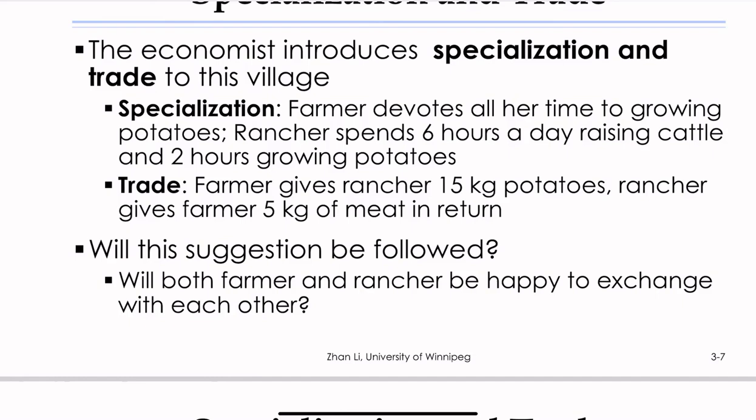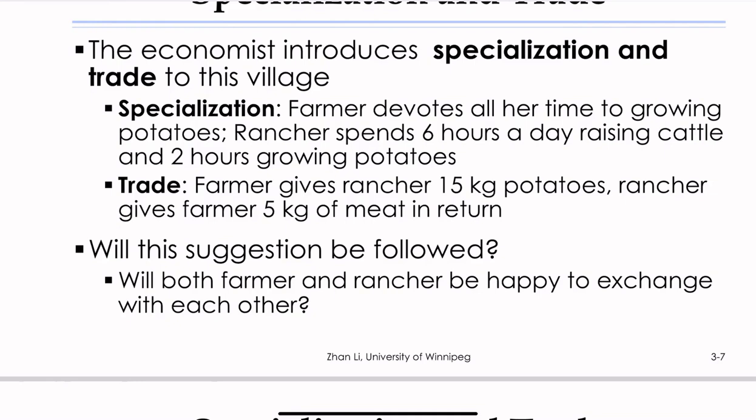The first is specialization. The second is trade with each other. The economist says, I want you two to specialize in what you do best. The farmer would devote all her time to growing potatoes, and the rancher will spend 6 hours a day raising cattle and 2 hours growing potatoes.